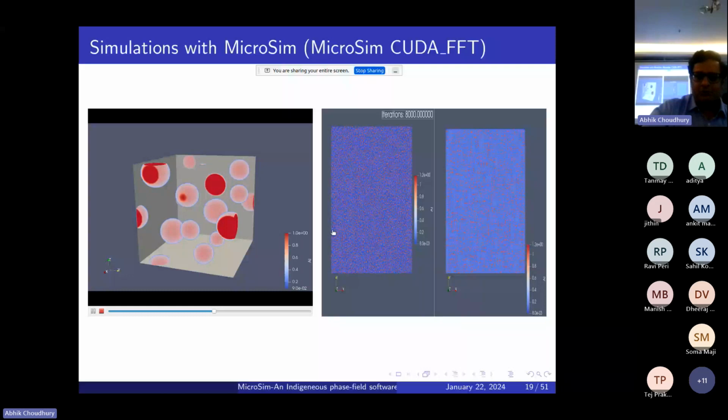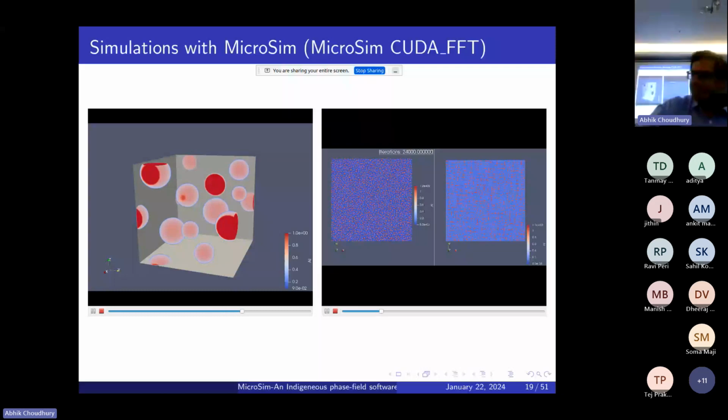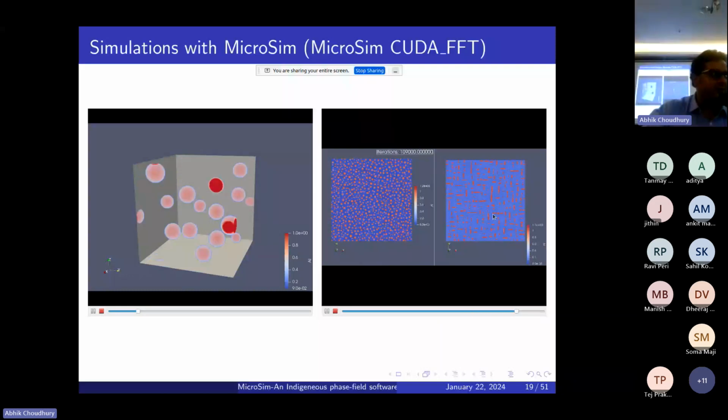Not only that, you can also do the classical simulations. I don't know whether you have it visible on the screen over there. So on the right, what you see is the classical coarsening without the influence of elastic stresses. But here, what you have is the elastic stresses playing a role, giving you a certainly different microstructure, and that is just because of the influence of elastic stresses due to coherency.